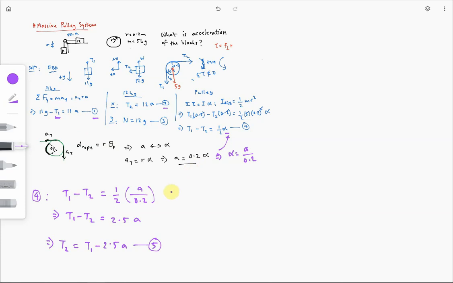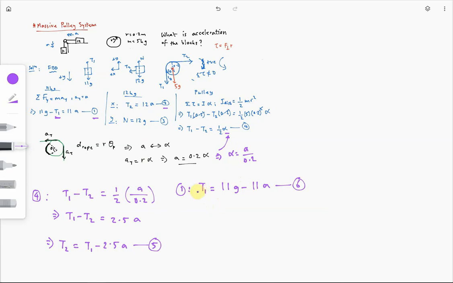So how do we do that? Well, we can just rearrange equation 1 by adding T1 to both sides of the equation, and we get, on one side, T1, and that is equal to 11g minus 11a. Let's call this equation 6. Alright? Therefore, we can now see that we have two equations, actually three equations including equation 2, where we only have acceleration a and no tension, either T1 or T2.